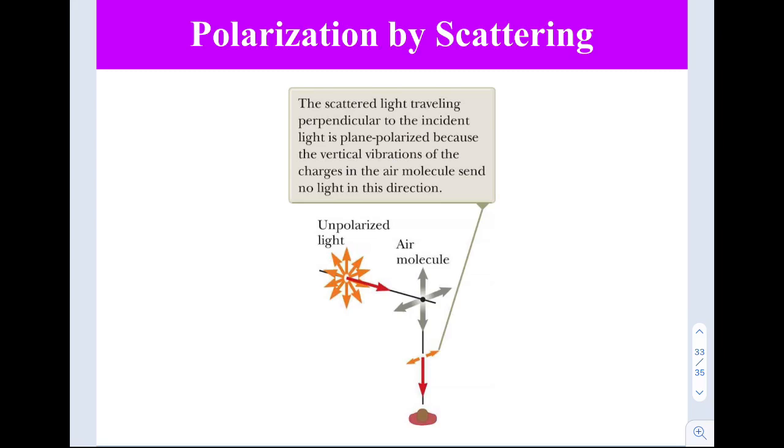If we look toward the west at sunset or toward the east at sunrise, we are looking in a direction towards the sun and are seeing light that has passed through a large distance of air. Most of the blue light has been scattered by the air between us and the sun.